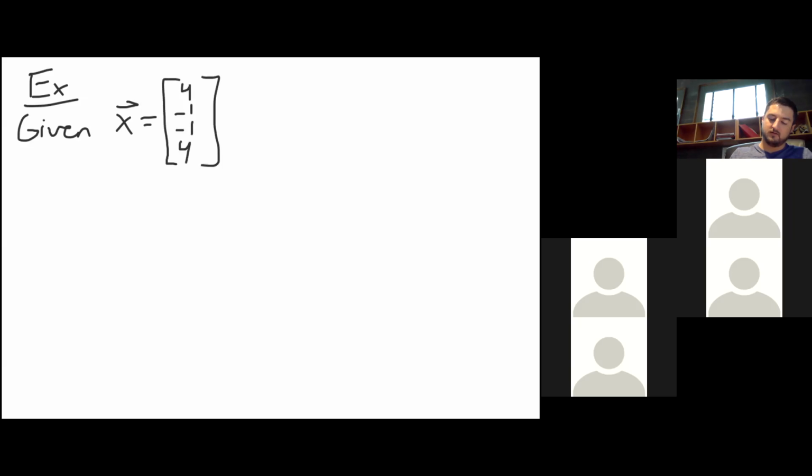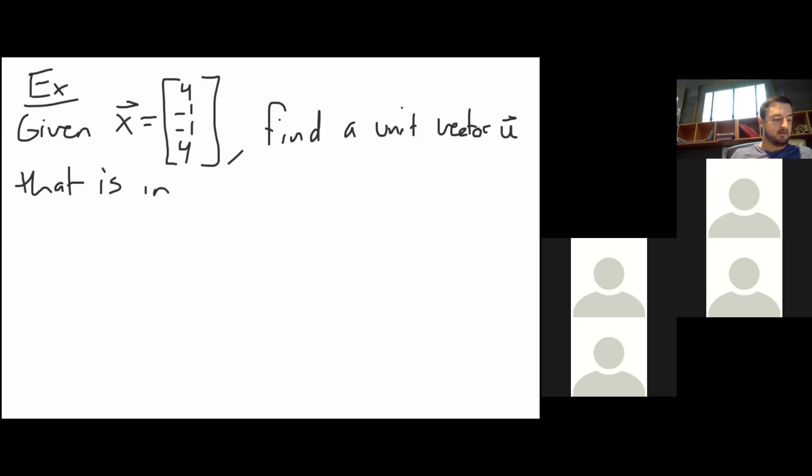Let x be the vector 4, -1, -1, 4. Find a unit vector, which we'll just call u, in the same direction.